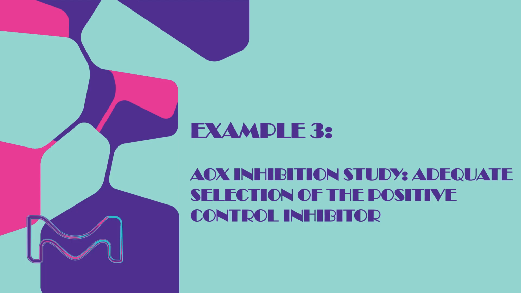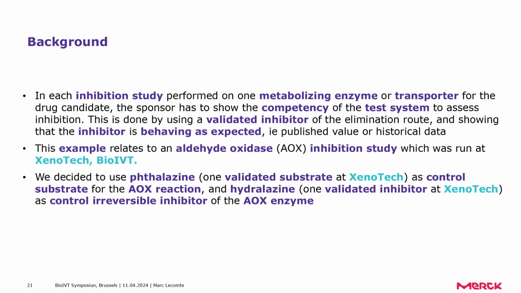So I move to the next case, the last case. Aldehyde oxidase inhibition, adequate selection of the positive control inhibitor. So background, I told you in the introduction, if you use an inhibition study for an elimination route, you have to show the competency of the test system.